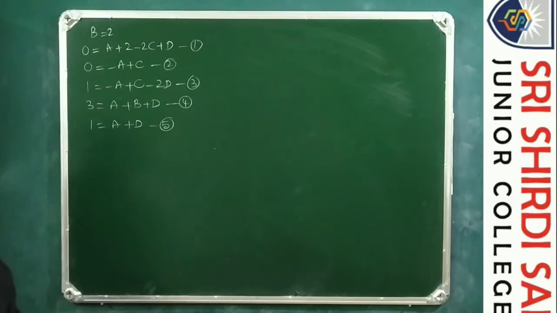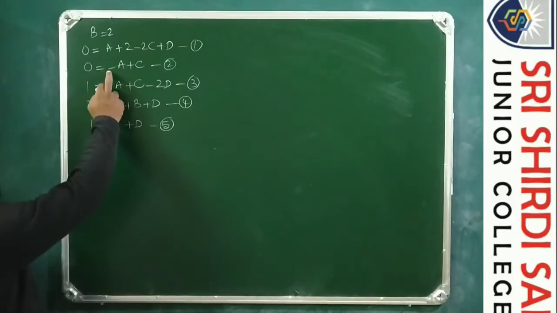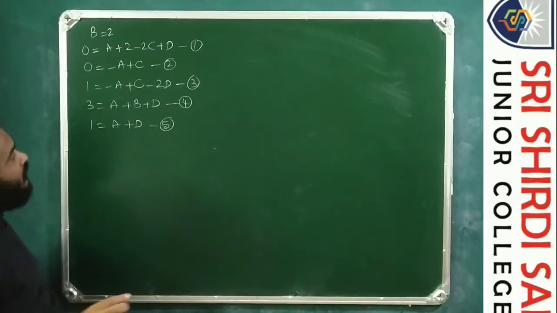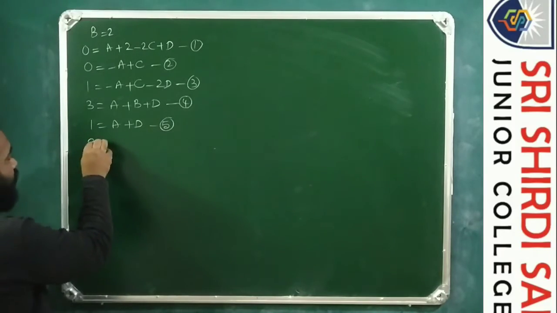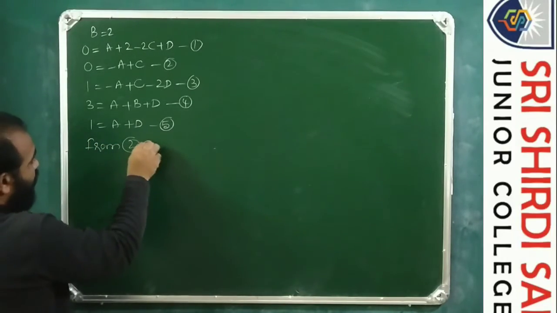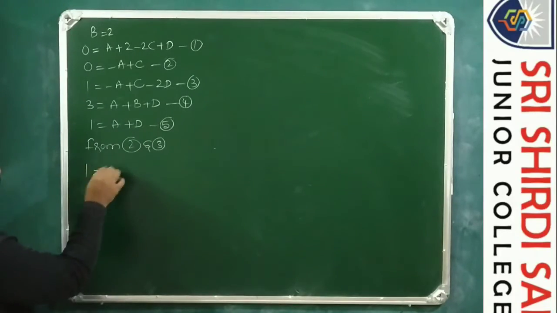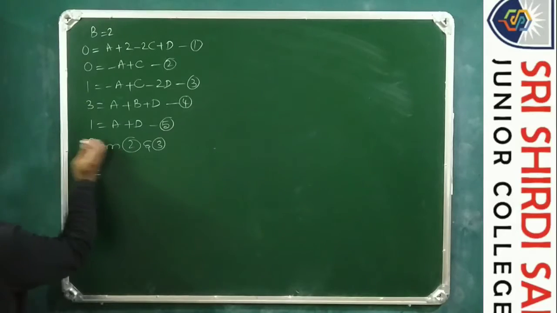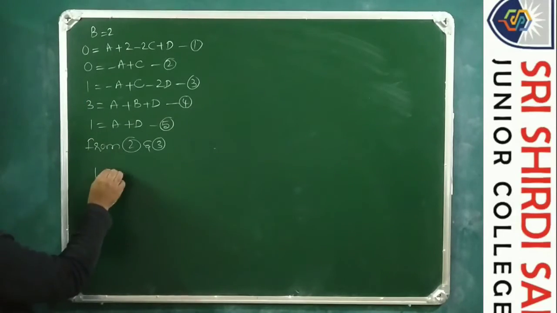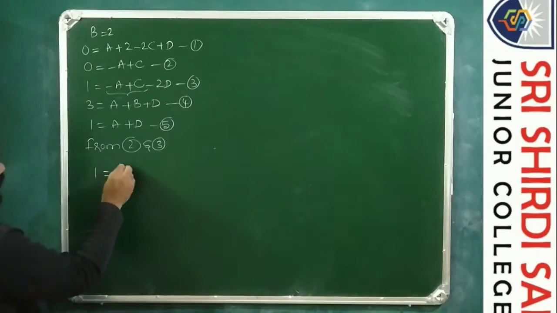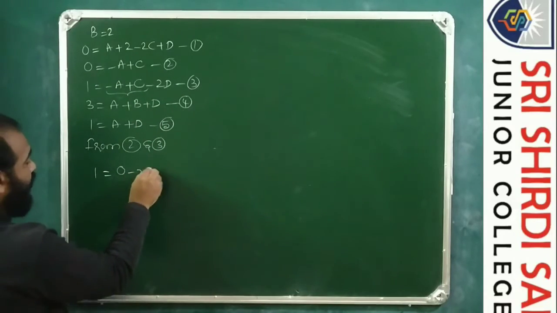Now if you see carefully, here minus a plus c is 0, and here minus a plus c is again repeated. So from equations 2 and 3, the third equation gives 1 is equal to minus a plus c, whose value is 0, minus 2d.